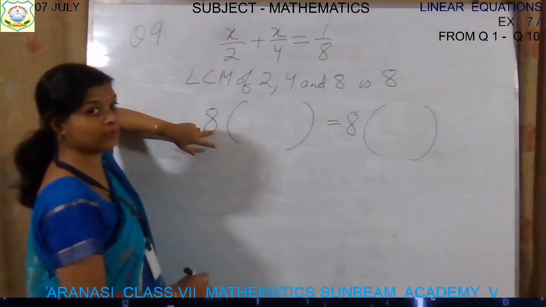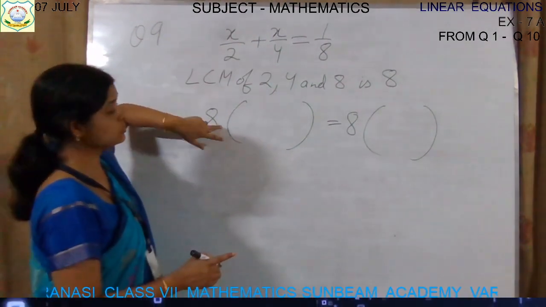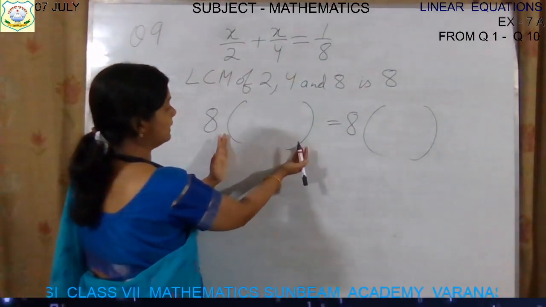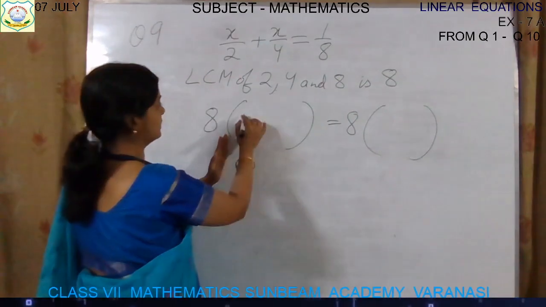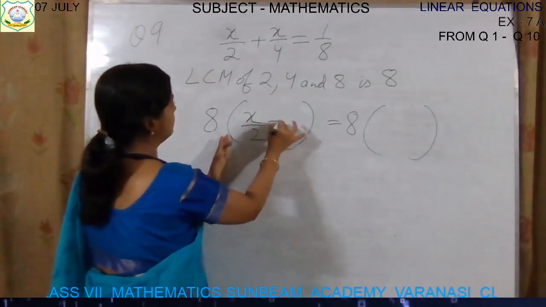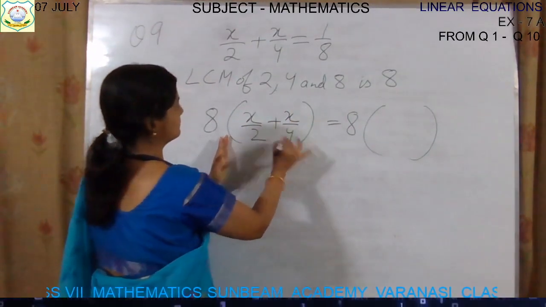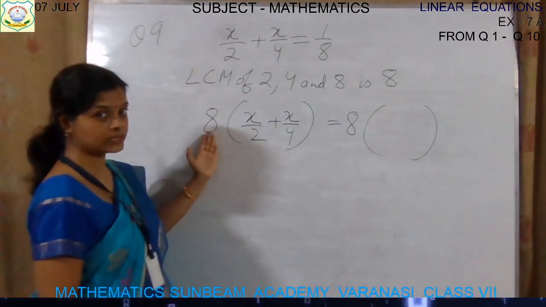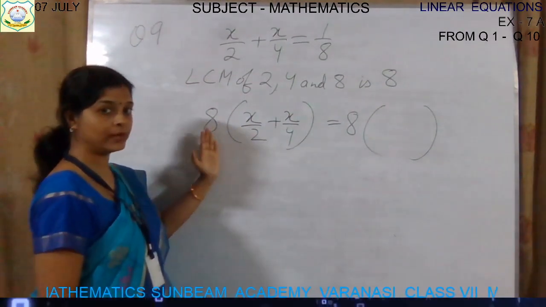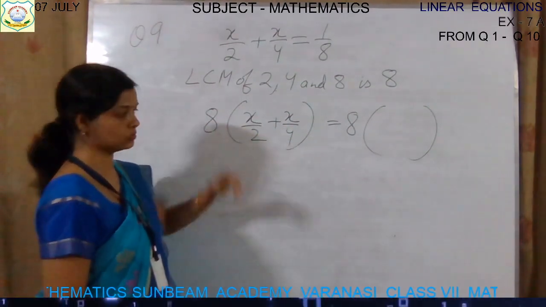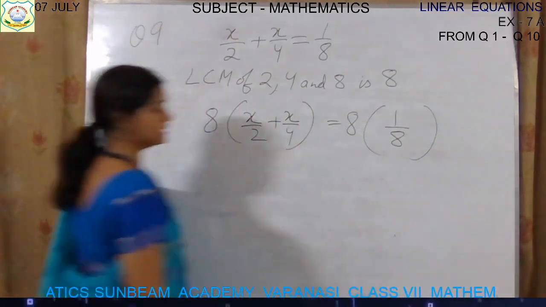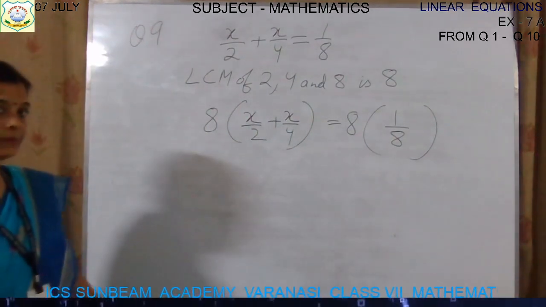So that's why I am keeping the bracket. Now write down the LHS, x by 2 plus x by 4, in the bracket, because 8 will multiply with the first term and with the second term also. And here only one term is there, 1 by 8, but keep the bracket, children.